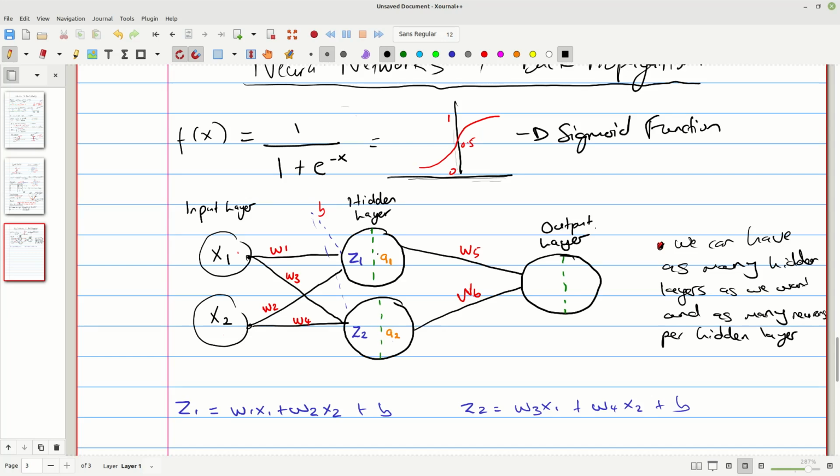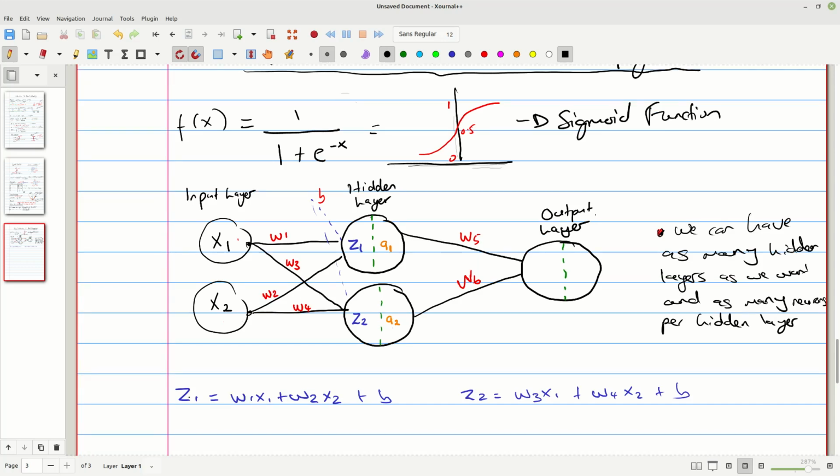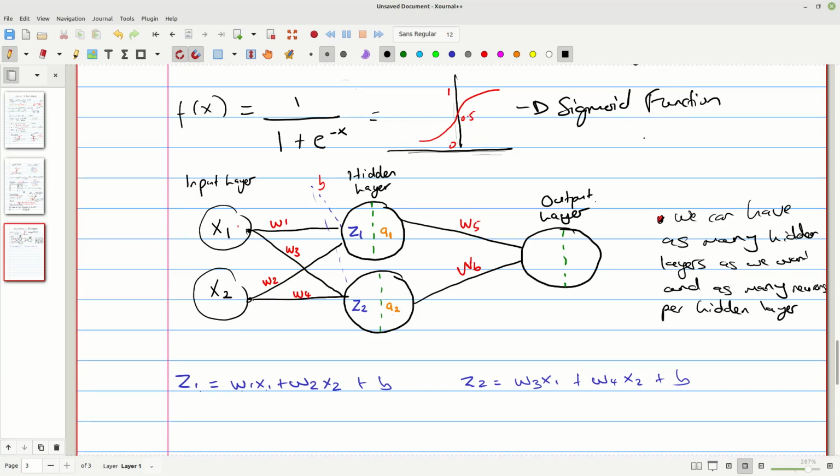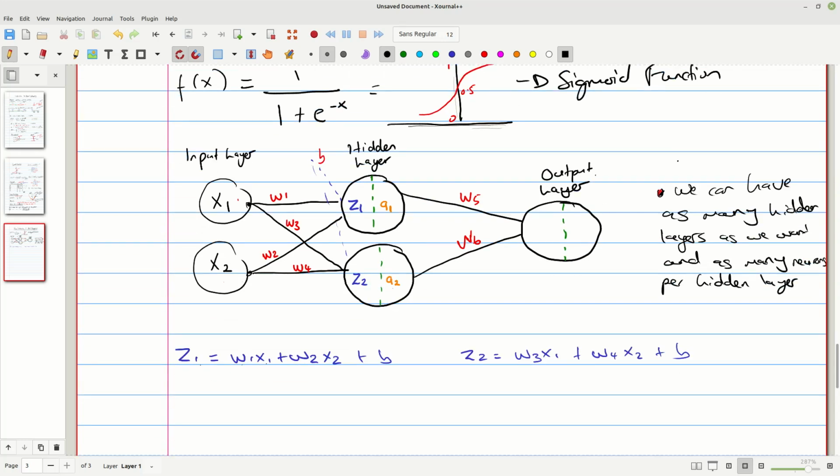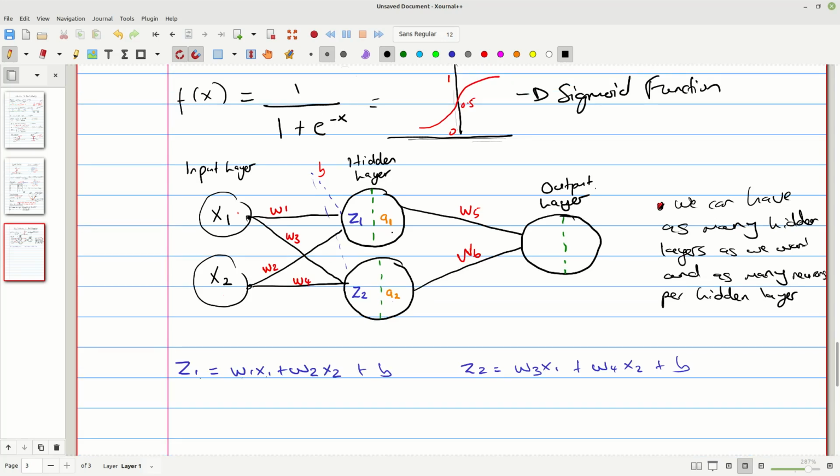What you need to know here is that after we compute Z1, which is W1 x1 plus W2 x2 plus B, we apply the sigmoid function, which is an activation function. That is what will give us A1.